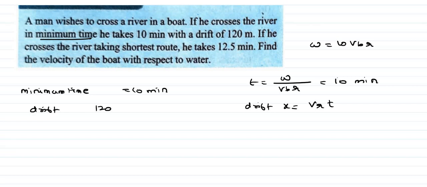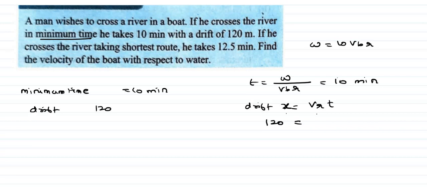So drift is given by what? Drift x equals, drift is given as 120. So 120 is VR into T, right? Do it and tell me. This is VBR. VR we don't know, right?